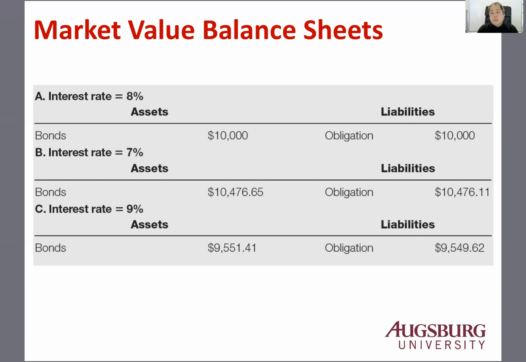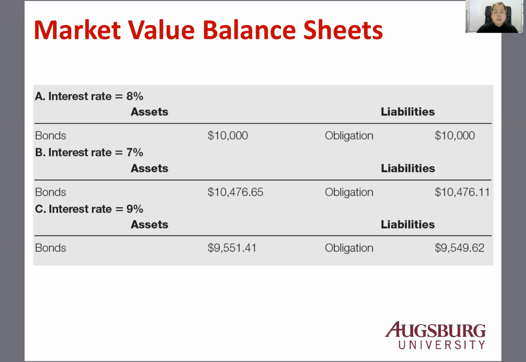The zero coupon bond value is 9,551. Liability, the coupon bond asset, 9,549. So always the asset side is the coupon bond, the liability side is the zero coupon bond, and the value of asset is greater than liability or the same, which means that you are fully insured.